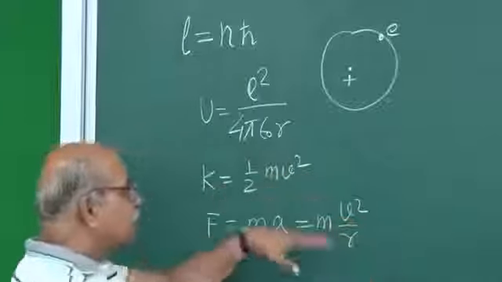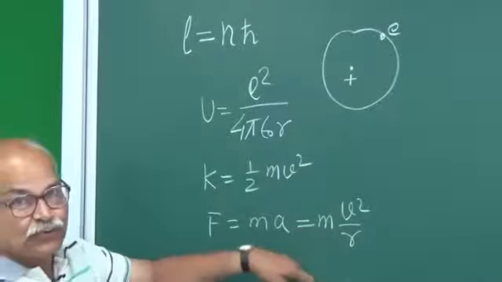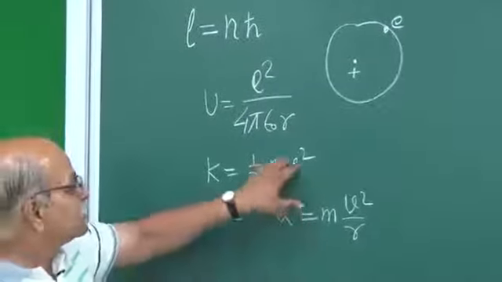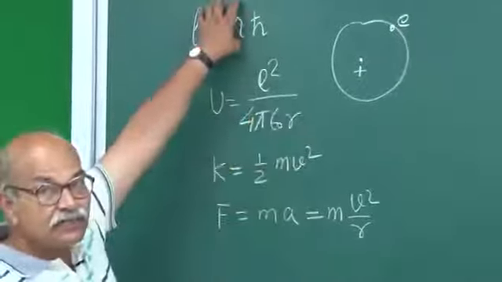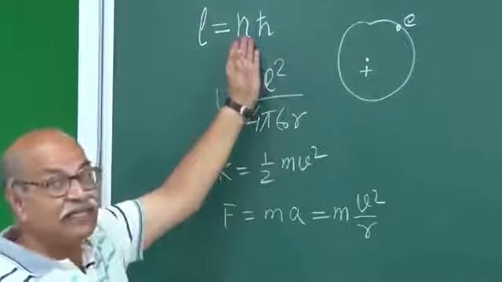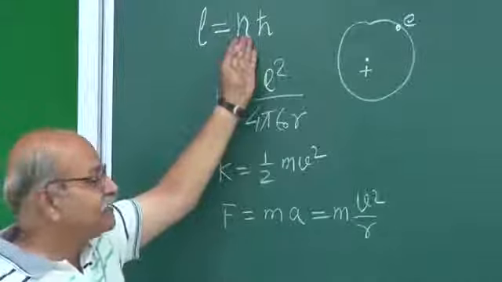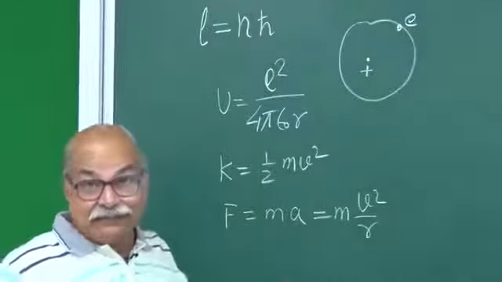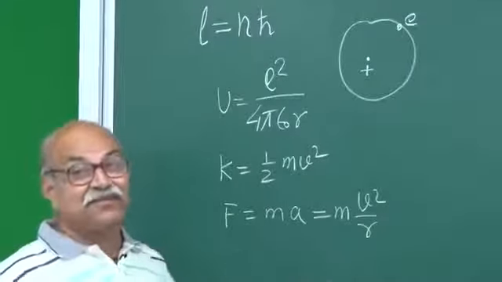These are all classical equations we are used to. But together with this, when this is introduced, Planck's constant enters, and the quantization, n can only take integral values, that gives you the essence of quantum mechanics.